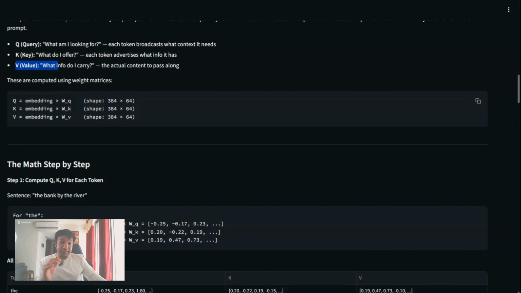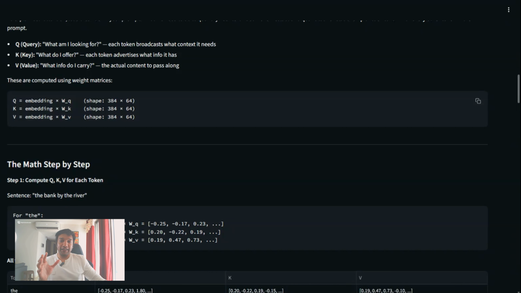Now, to do this, we are going to calculate Q by multiplying the embedding, which we saw is 384 numbers long, by a matrix which you can imagine as a big meaning matrix which holds all contextual relations between all words ever.